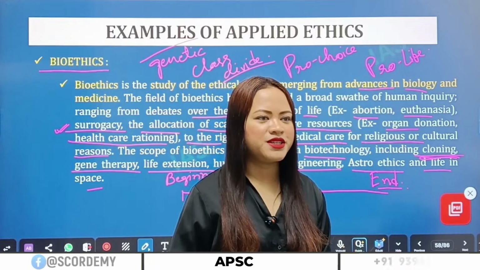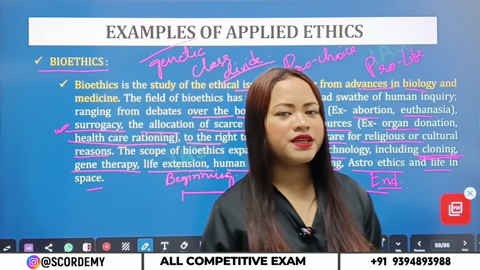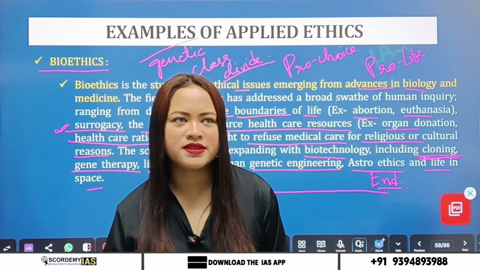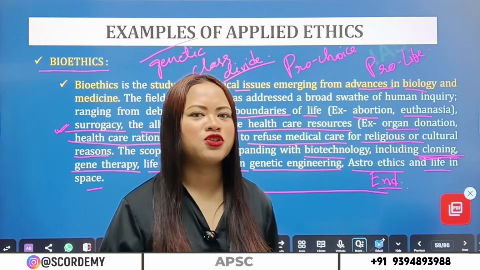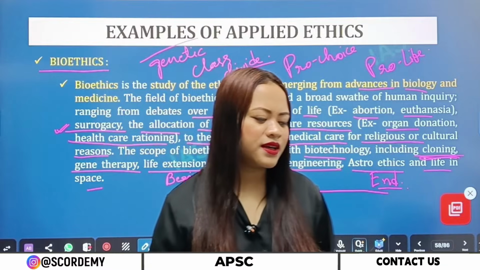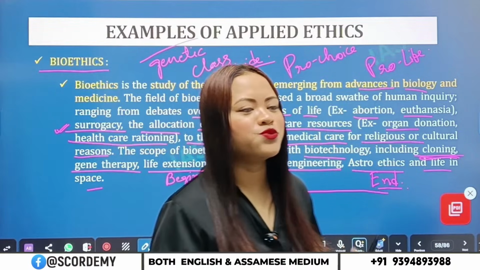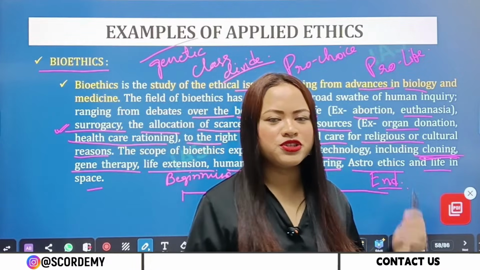A woman's right to use her body to help other people or to earn money, versus giving her protection against exploitation, against the commercialization of the womb, or treating women's wombs as baby making factories. Those are the ethical issues involved.